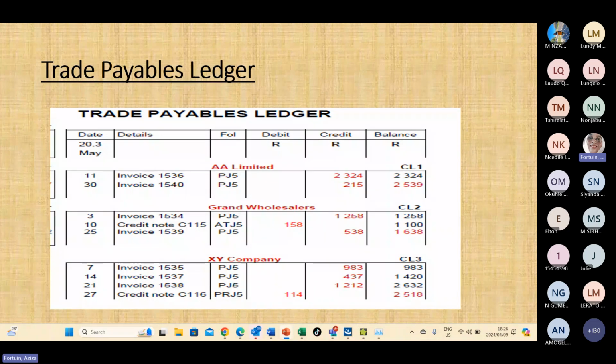The grand wholesalers, okay, we purchased 3 items from them. There were also returns. XYZ company, there was 1 return because it was a credit note and 3 invoices that we paid.